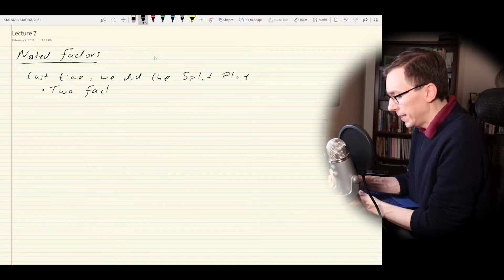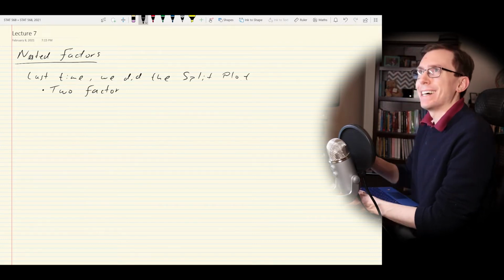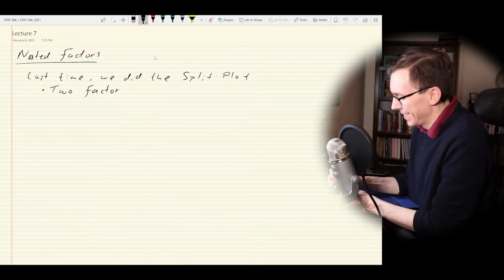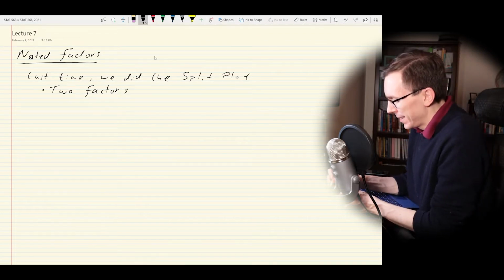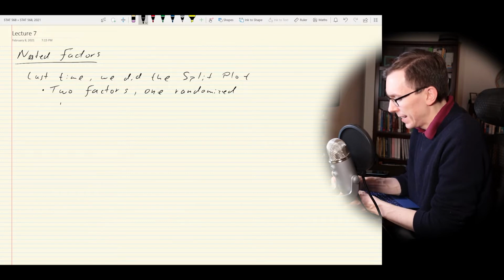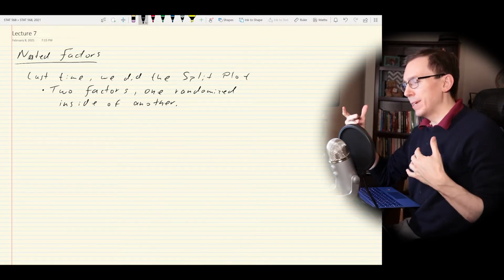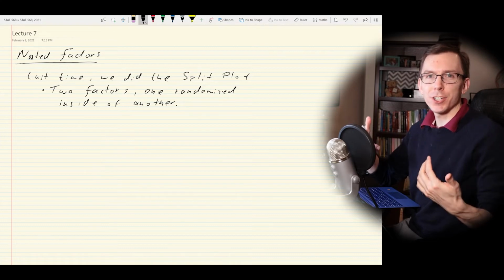And one of them is randomized inside of another. The reason we would do that is because one factor is hard to change.